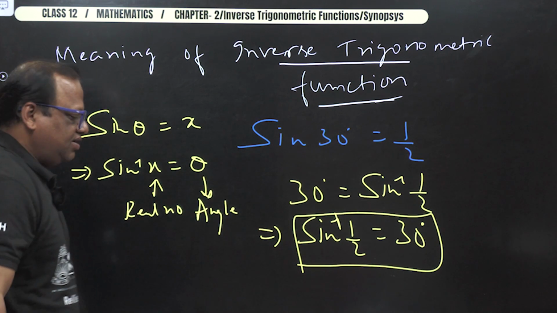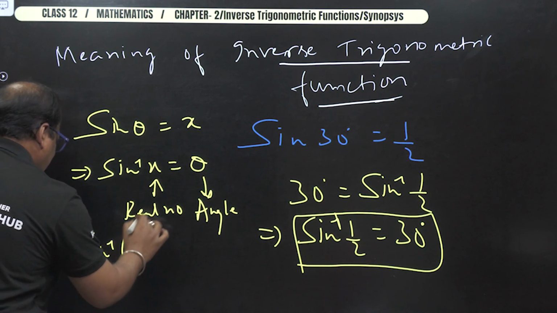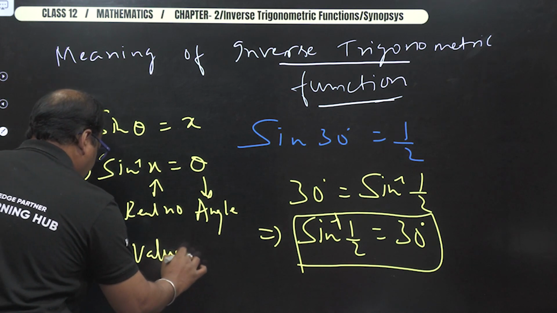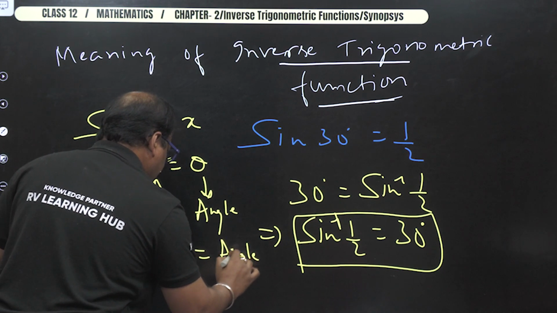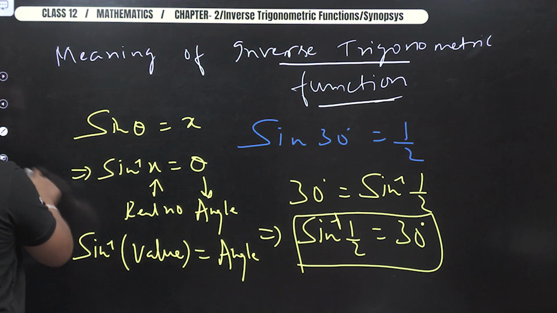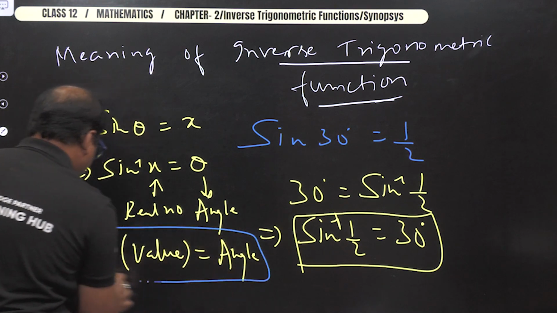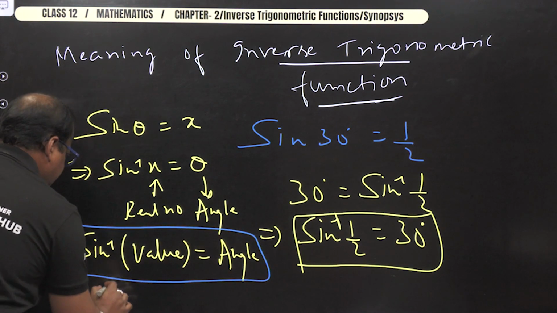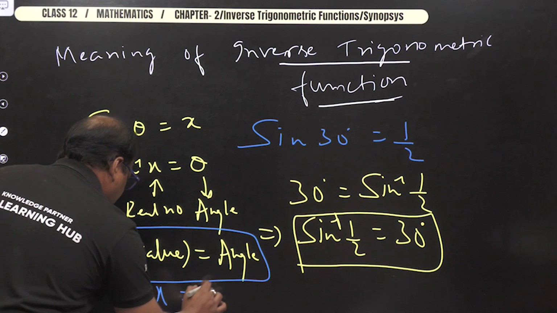So basically, sine inverse of a real number is equal to an angle. This is how we can remember inverse trigonometry. Or simply speaking, sine inverse of x is equal to theta.